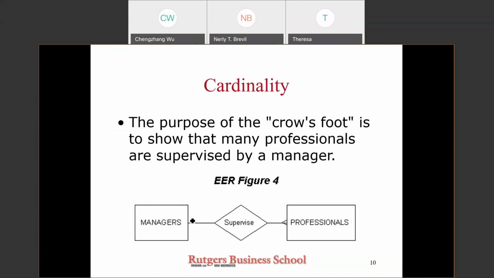So this ER diagram means many professionals can be supervised by many managers, or in other words, the relationship between managers and professionals now becomes many to many.